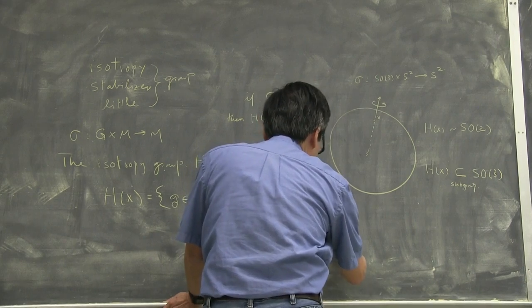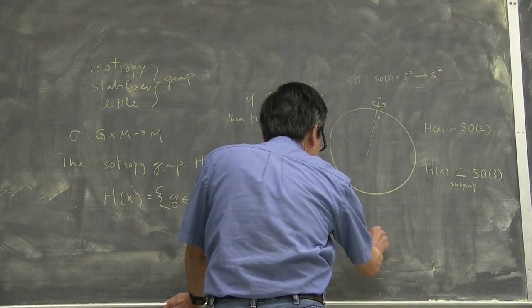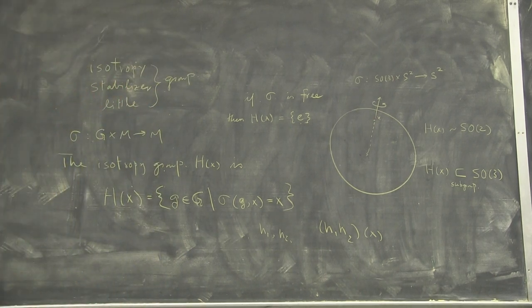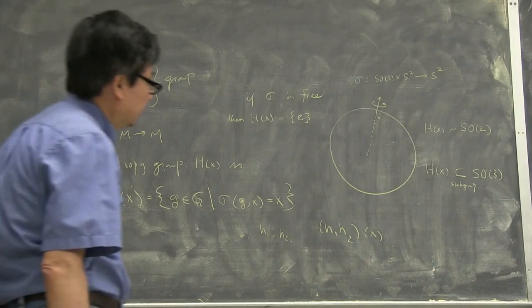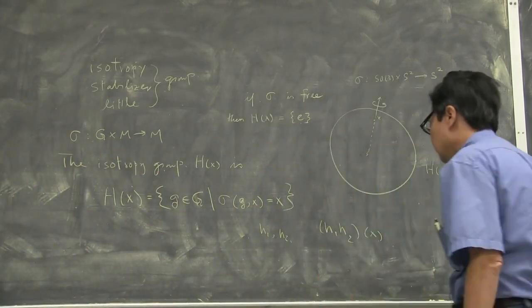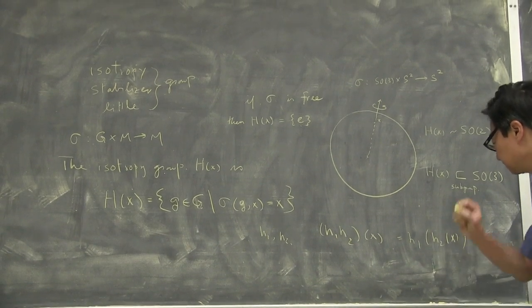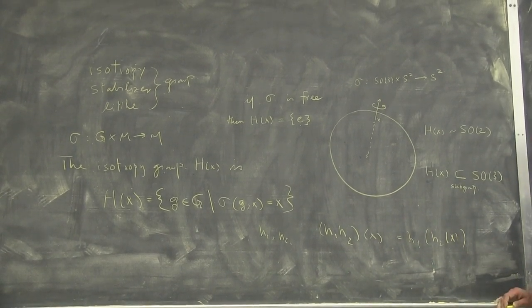So let's see, we use the product of H1, H2, and use it to act on x, okay? This is equal to H1 acting on H2x. But since H2 is in the isotropy group, H2x just yields x, all right?